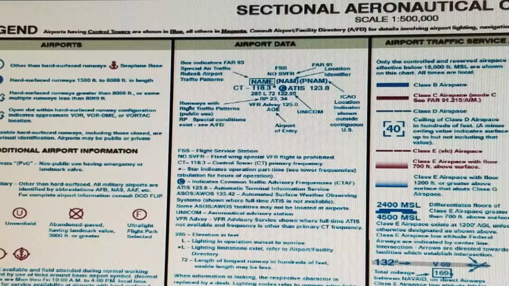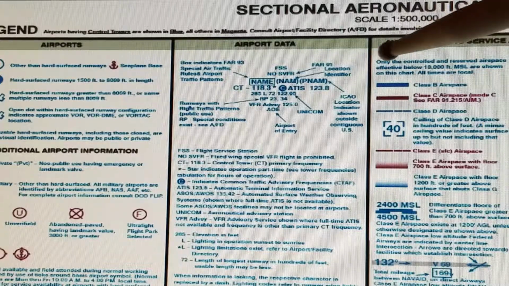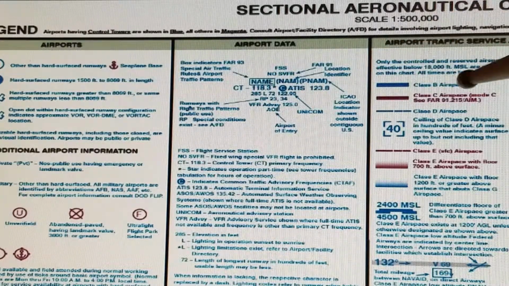So once again, friends, on the sectional aeronautical chart, mainly we are dealing with two colors. A thick blue line for class B airspace, and a thick magenta line for class C airspace.